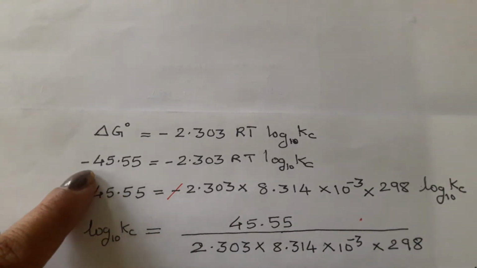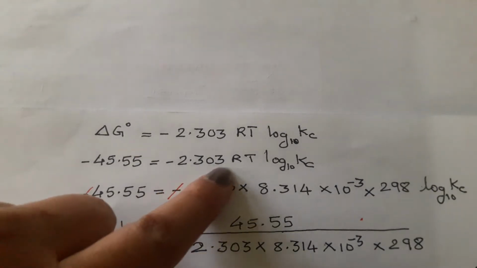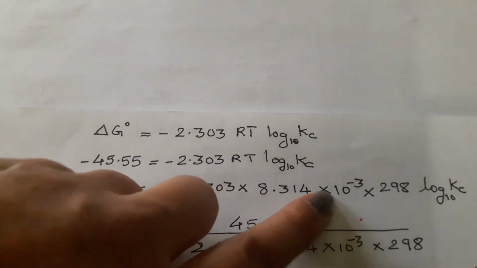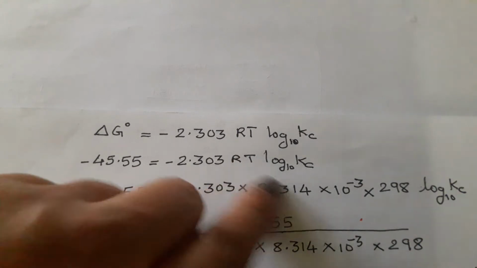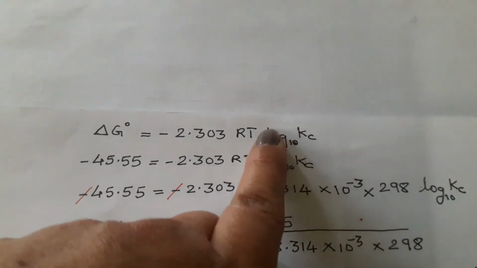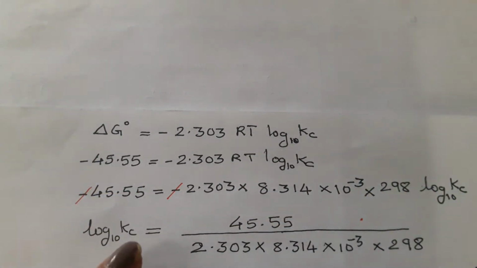Now we substitute the value of standard Gibbs free energy, the value of R, 8.314 into 10 raised to minus 3, and the temperature given in the question is 298 Kelvin, and we have to find log of Kc, that is the equilibrium constant.